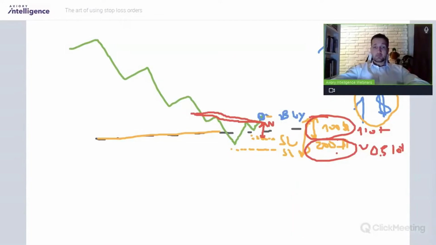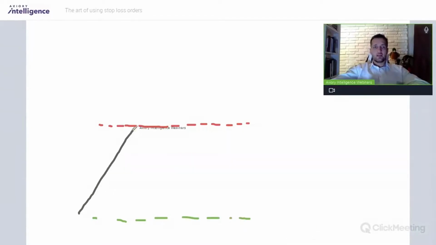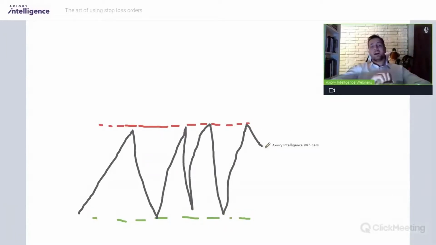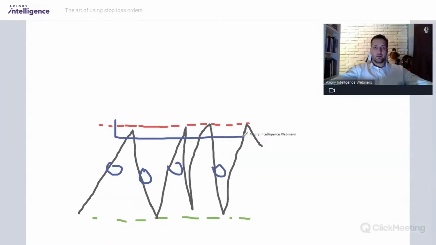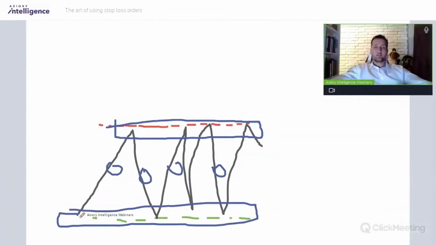And that, my friends, explains perfectly. Here is a resistance. Here is a support. And that, my friends, explains why you don't open a position here or here or here or here, but you open a position here or here, as close to support and resistance as possible.